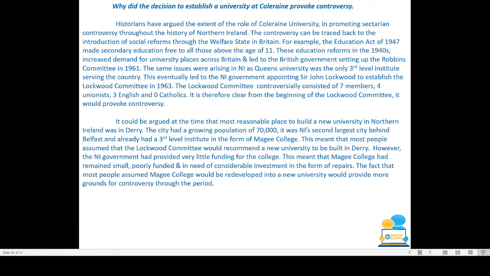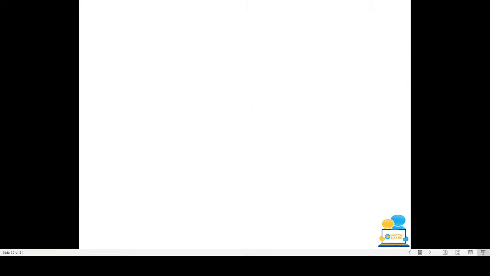However, the Northern Ireland government had provided very little funding for the college. This meant that Magee College had remained small, poorly funded, and in need of considerable investment in the form of repairs. The fact that most people assumed Magee College would be redeveloped into a new university would provide more grounds for controversy through the period. Once again, using that linking word, actively engaging with the question.